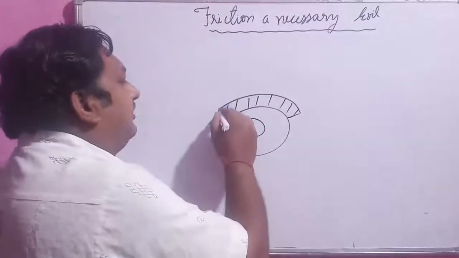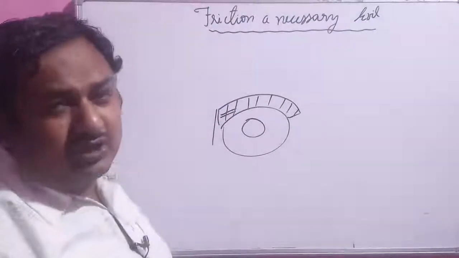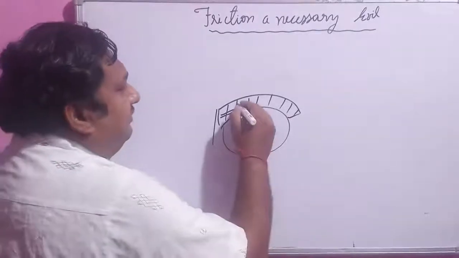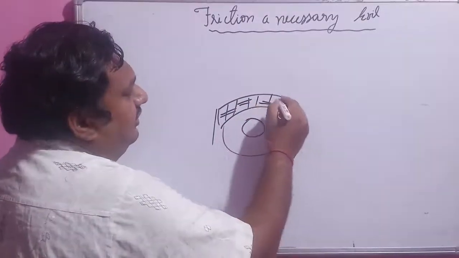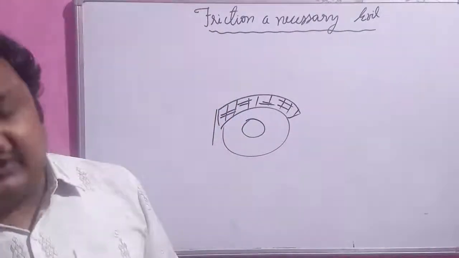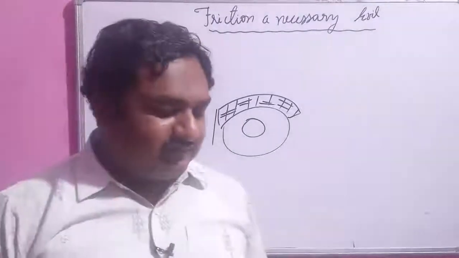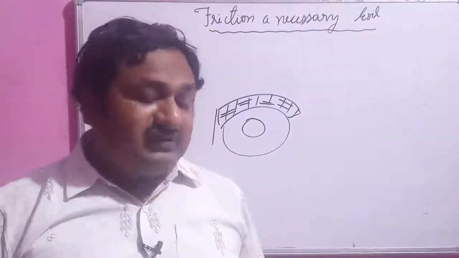So what we do is make particular grooves. As you have seen, the tires of your bike and car have particular grooves. By putting grooves, we want to increase the friction force so that our vehicle may not skid on the road.